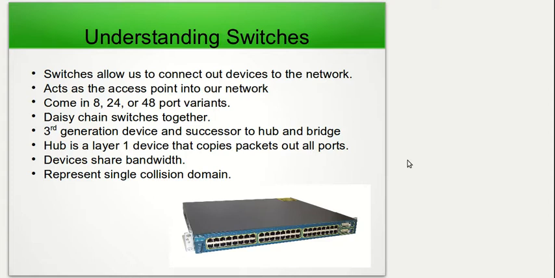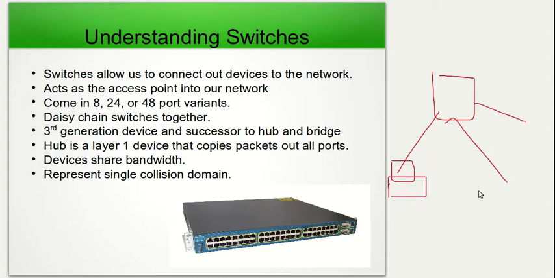The hub was a layer 1 device, which was a very basic device, and all it did was receive electrical signals and send electrical signals. So with a hub, if we had multiple devices connected to that hub and one of those devices tried to send some information, and let's say that information was destined for this PC over here, even though that data should only go to this device, when the hub receives that packet, it's going to forward that data out every single one of its ports.